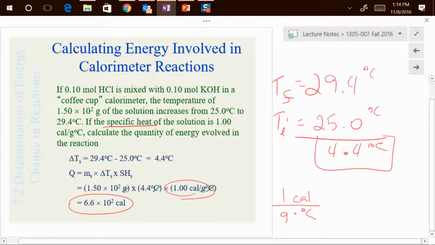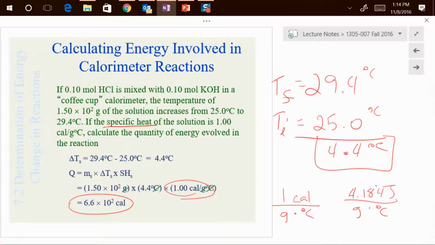Okay? So for water, we said water is also 4.184 joules per gram times degree Celsius. So in other words, it takes or requires 4.184 joules of energy to change the temperature of water, 1 gram of water, by 1 degree Celsius. Okay? That's what this is telling me.